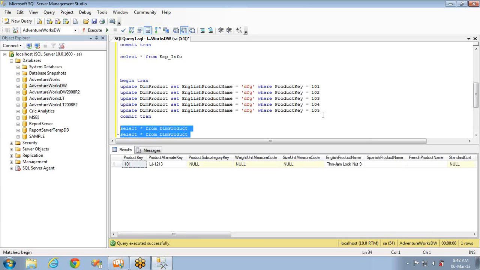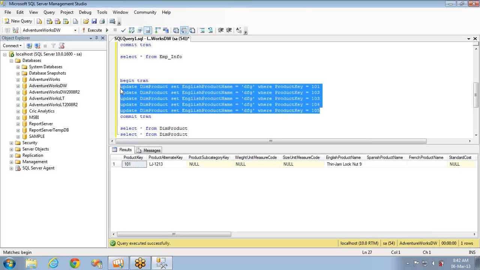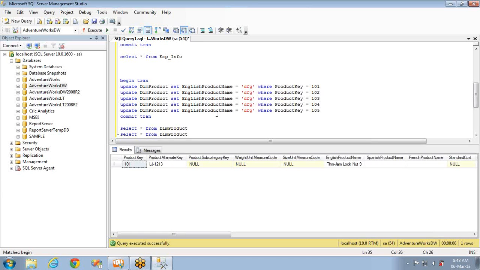Then every time I execute this select statement, the result set will be different. In this case, these transactions will take very little time, which is why you are not getting a clear picture. Some transactions take a very long time, like updating millions of records, which will take a lot of time.